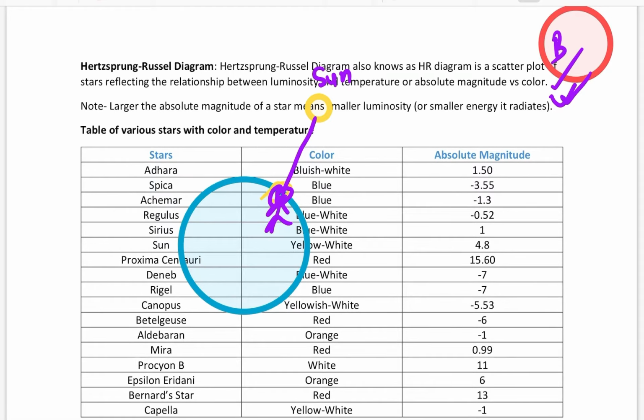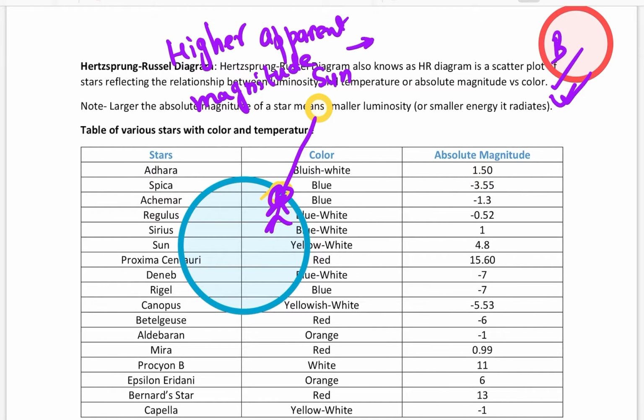The higher the apparent magnitude, what does this mean? The higher the value of apparent magnitude means the dimmer it looks to us.